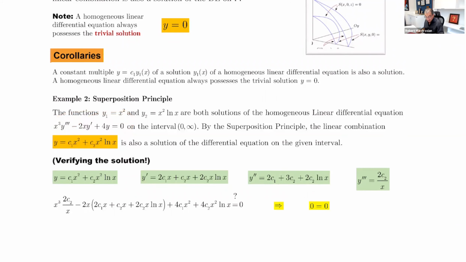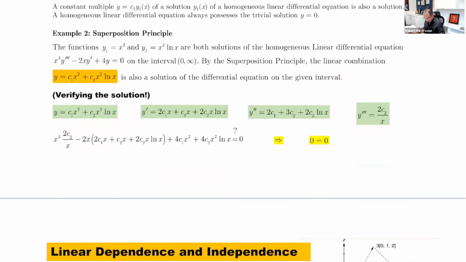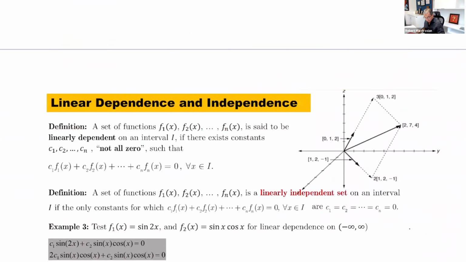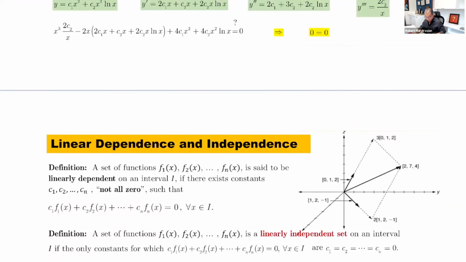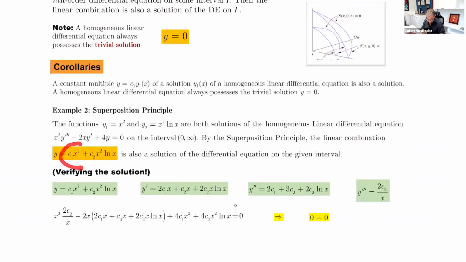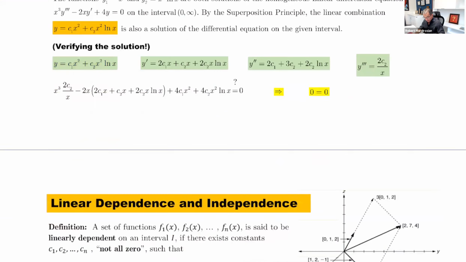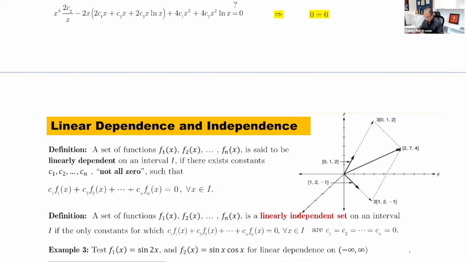Now you want to know if that's the general solution of that equation. For that, you need to know if x squared and x squared ln x are linearly independent. For that, we're going to use the Wronskian, which I explained in the first video.